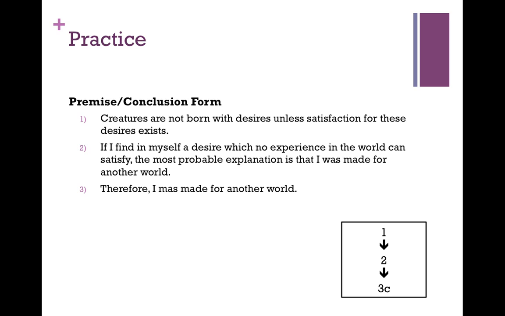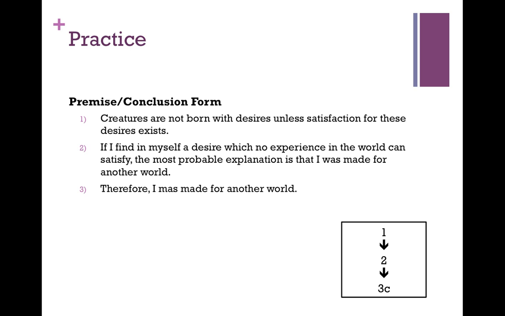If you read what 1 is saying, basically it's saying creatures are not born with desires unless satisfaction for these desires exists. In other words, you can't be born with a desire unless there's a possibility for you to satisfy that desire.